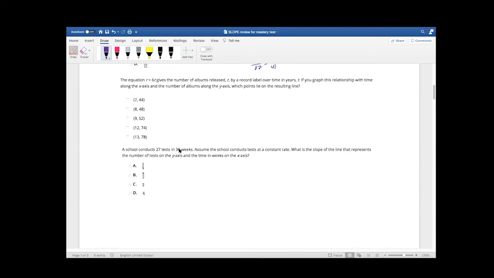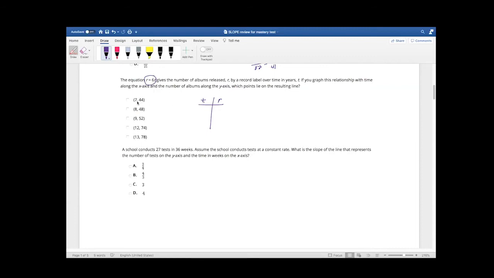Time represents your x-axis, and the number of albums released, R, is going to be your y-axis, x and y. Now R would be taking the T value and multiplying it by 6.